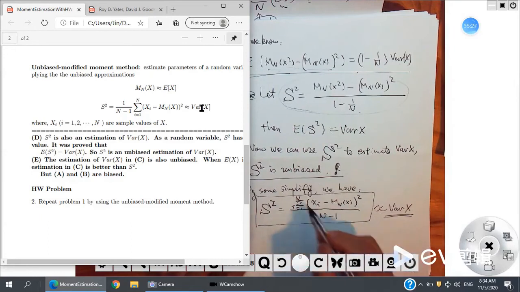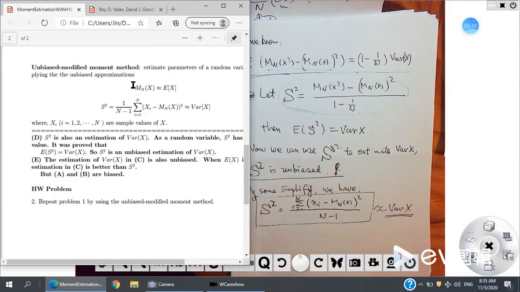So this is the unbiased modified moment method. For E of x, I still use this one to estimate it, but for variance, I use S squared to estimate it. And by simplifying, we can know S squared is this one.